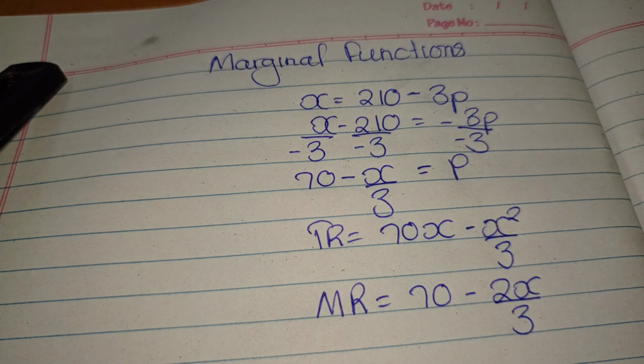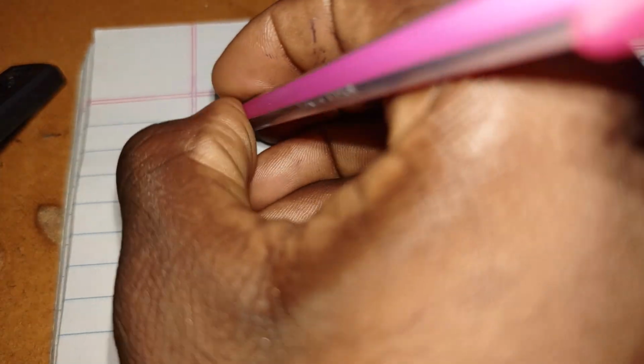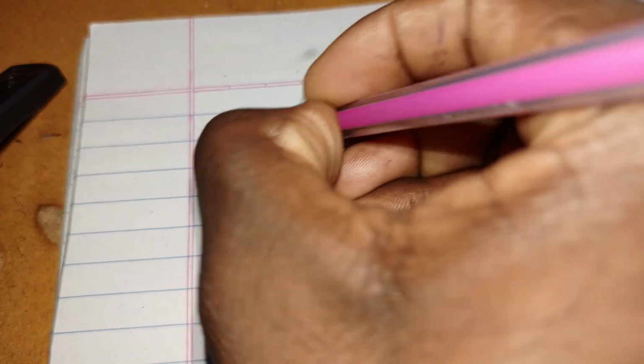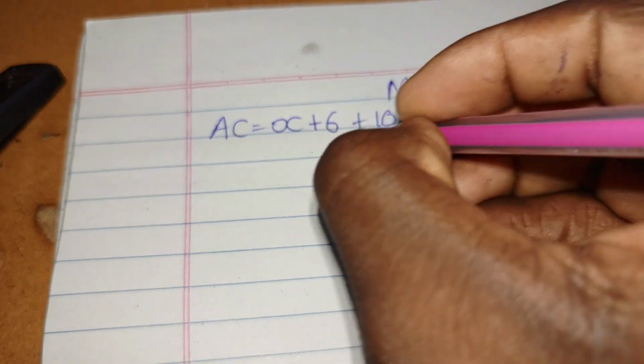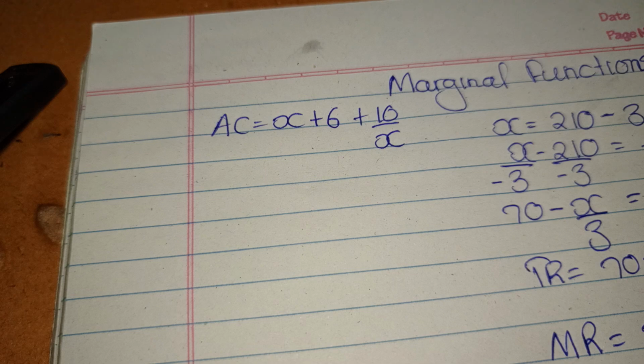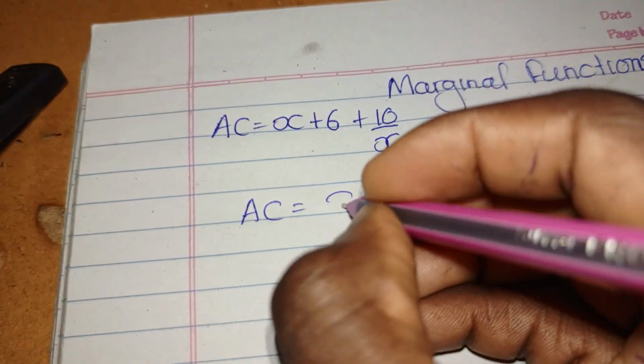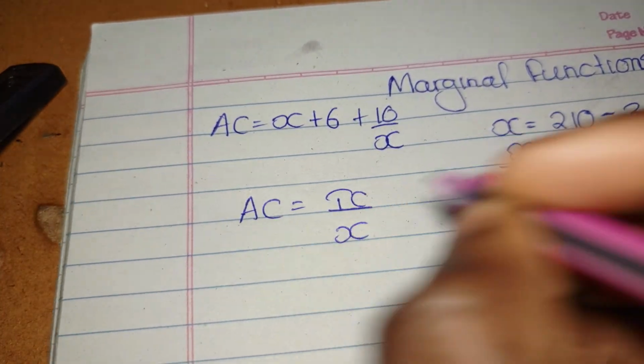Then remember we are given the average cost function AC equal to x plus 6 plus 10 over x. If we want to find the total cost, remember average cost by definition is equal to total cost over quantity.